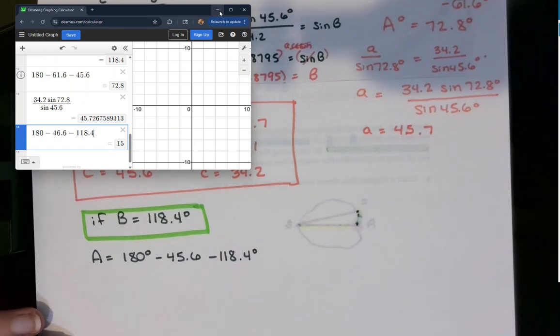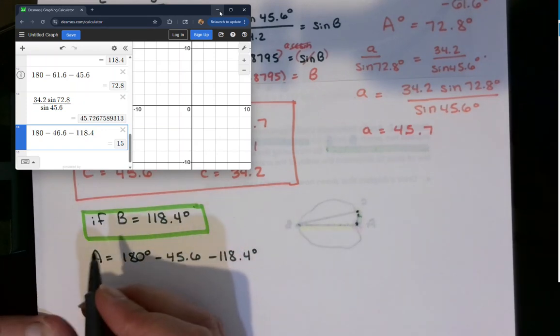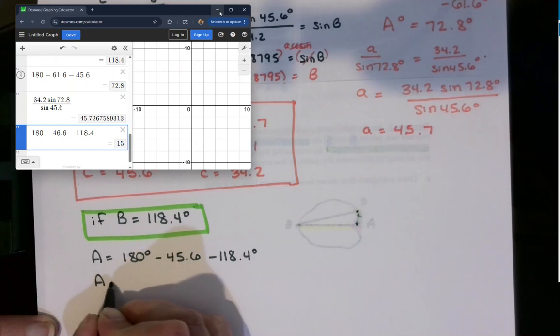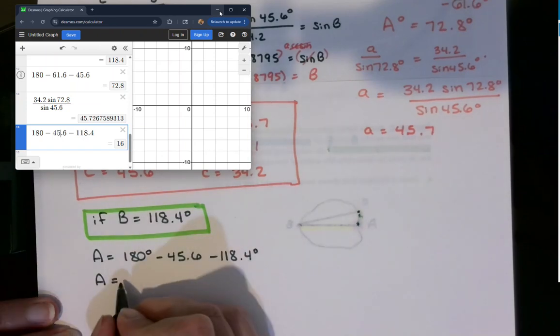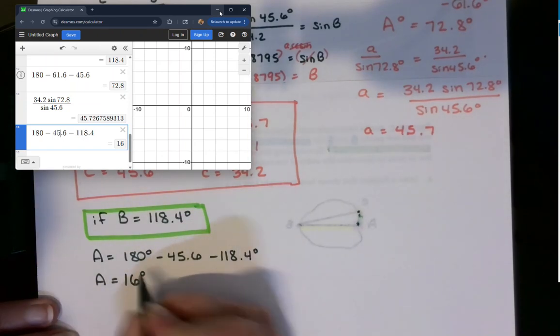So in this case, angle A would have been equal to about 15 degrees. Oh, I'm sorry, I mistyped 45. 16 degrees. Angle A would have been about 16 degrees.